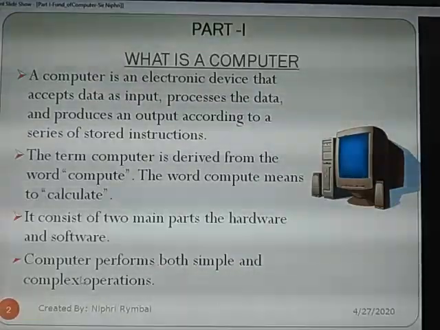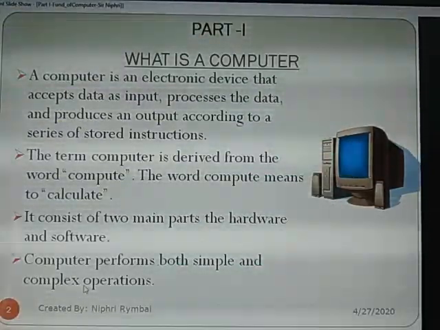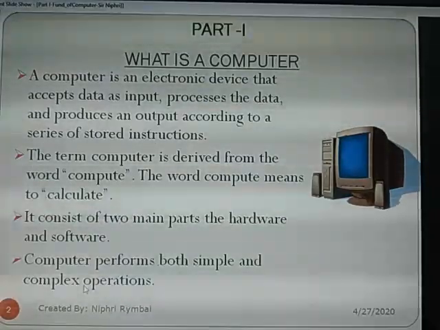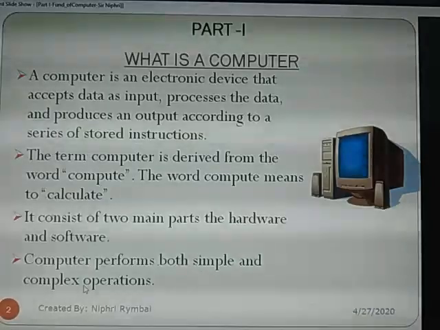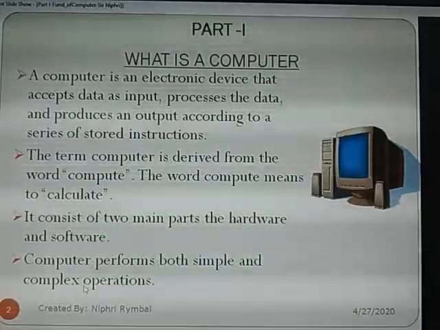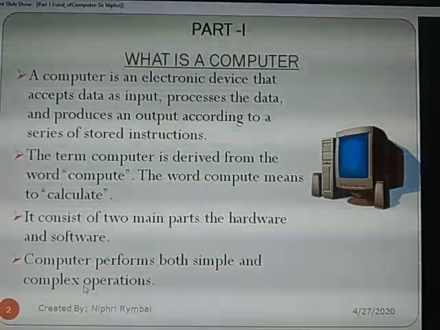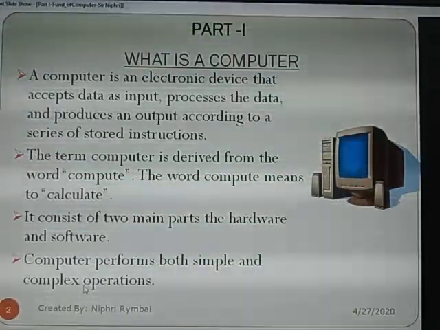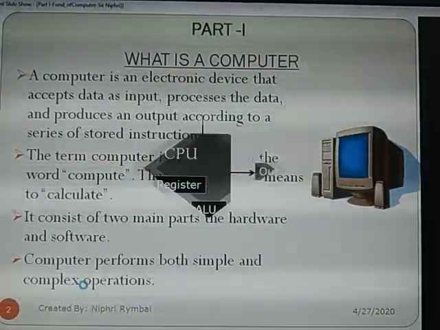By complex, it means that a computer can also help us in doing tasks which are sometimes impossible for human beings to perform, like weather forecasting, helping launch a rocket, or controlling the rover to go to space.